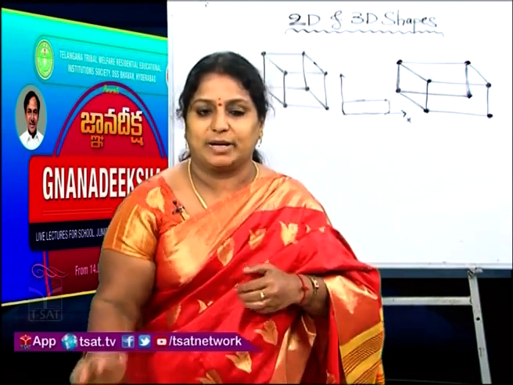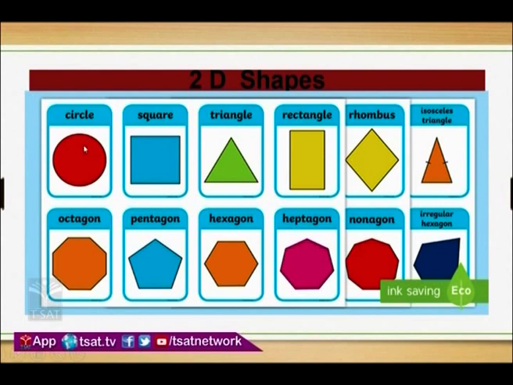Now see the next. We have a few two-dimensional shapes. If you look at the slide, the first one is a circle. It is a simple closed figure which is bounded by a curved line. The next figure is a square. A polygon bounded by four line segments is called a square. Here I am using the word polygon. What do you mean by polygon? Any figure, children, that is bounded by only line segments.